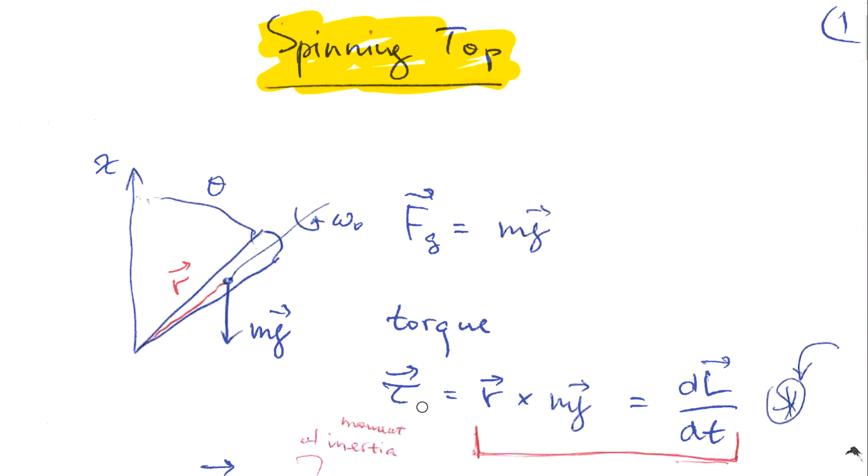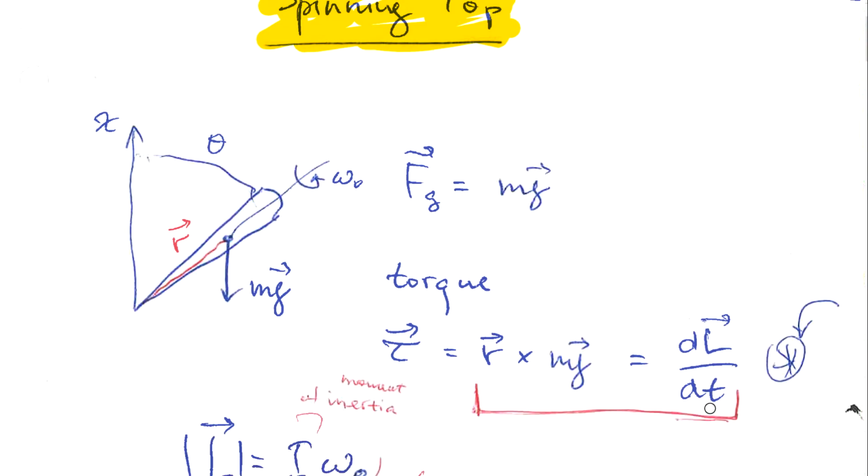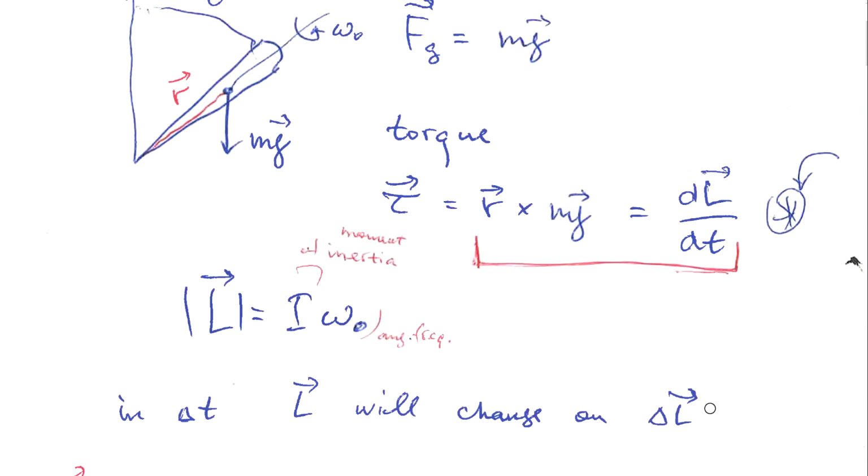It applies a torque, tau, equal to r cross mg, where r is the distance from the pivot point to the point where the force is applied. We can also relate it to angular momentum. Angular momentum is related to angular frequency, and I will go pretty fast through this. We already discussed this in detail, and these notes are also uploaded on iCollege, so you can look through them.